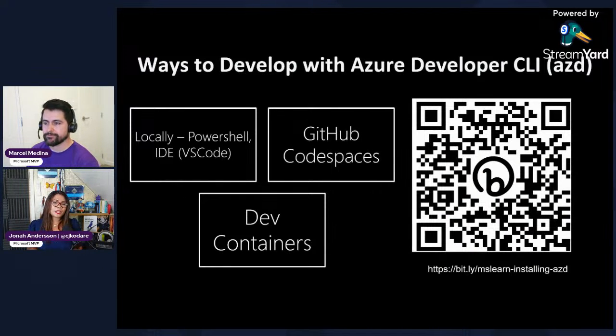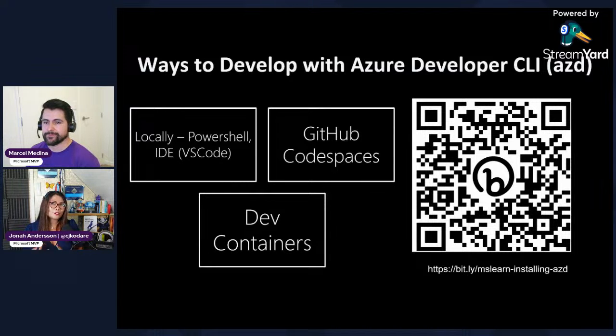So, ways to develop with Azure Developer CLI, the stable one as of today, and also the latest documentation on Microsoft, is locally. You can install it using PowerShell, or your IDE such as VS Code. There's also an add-on or extension for VS Code that is still in beta.